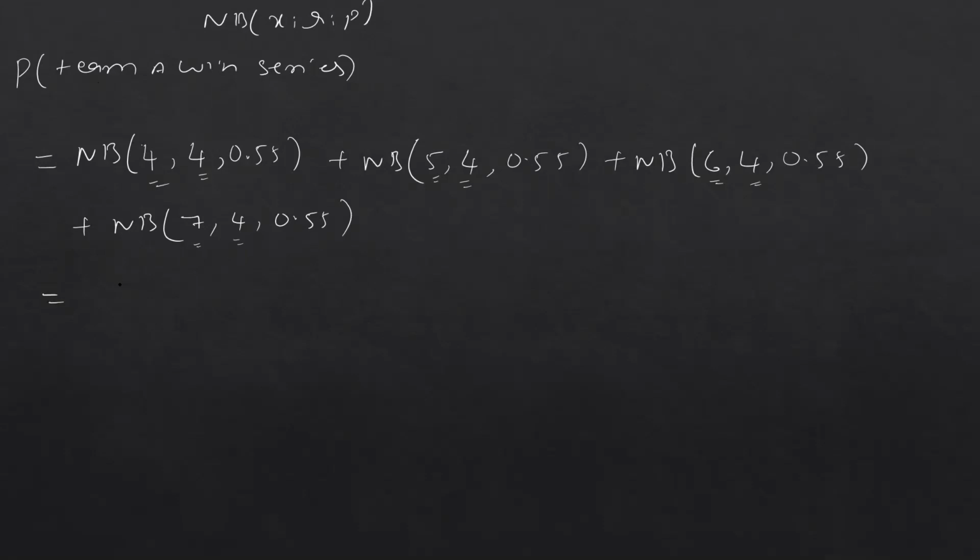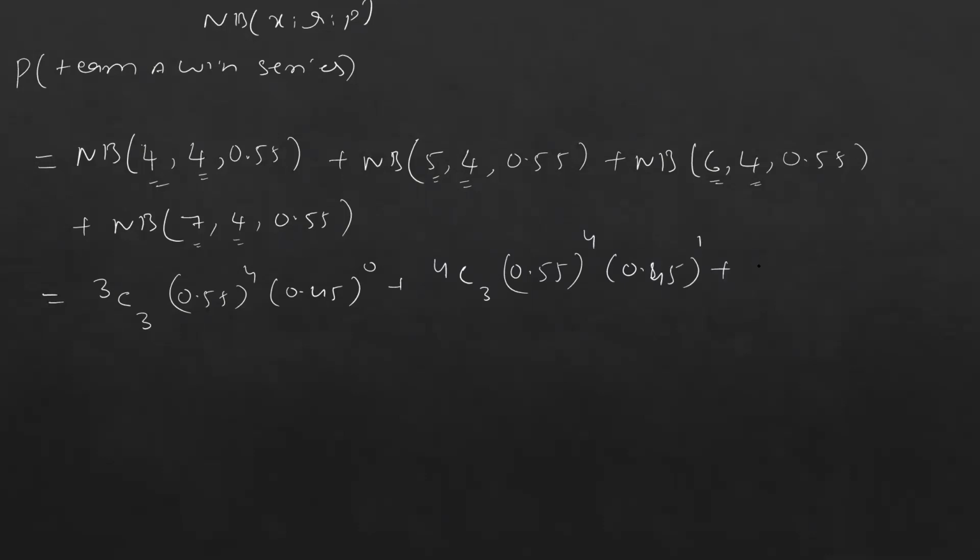So you can just calculate this part. This will be X minus 1, so this will be 3C3, and this will be 0.55 power 4 into 0.45 power 0, plus here you have X minus 1, so 4C3, 0.55 power R into 0.45 power X minus R, so 1, plus 5C3 into 0.55 power 4 into 0.45 power X minus R, which is 2, and plus this will be 6C3, 0.55 power 4 into 0.45 power 7 minus 4, which is 3.